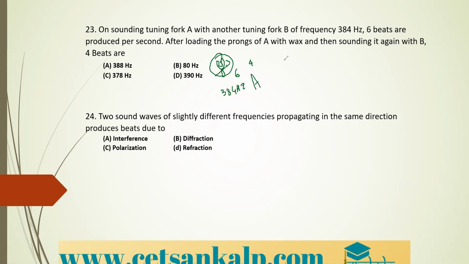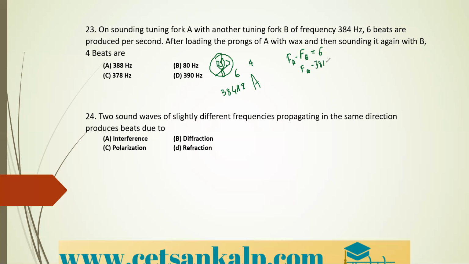So how can we do this? See here, the frequency of A and the frequency of B give 6 beats per second, right? Now, the frequency of B is not changing.